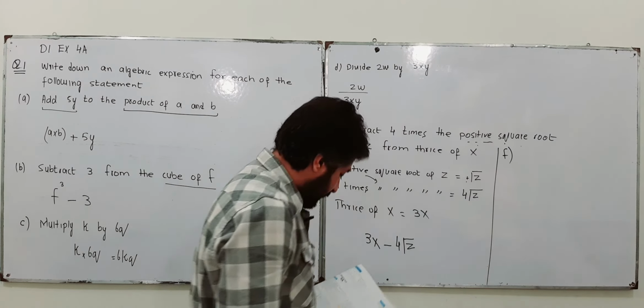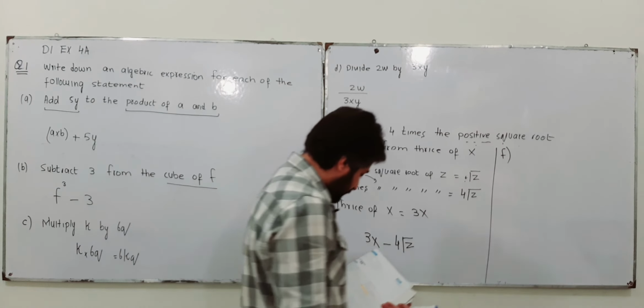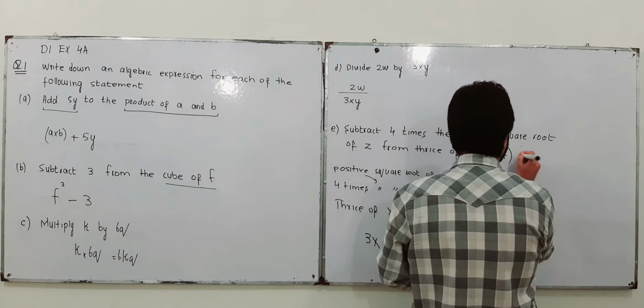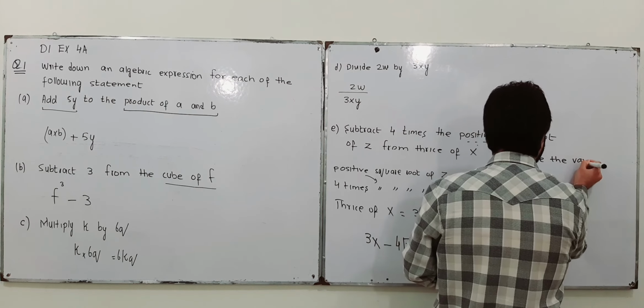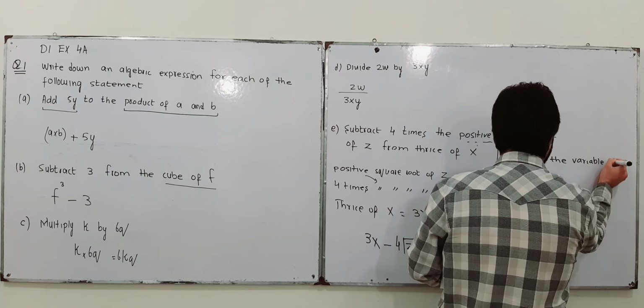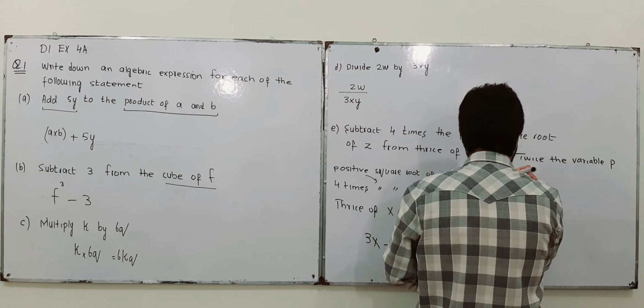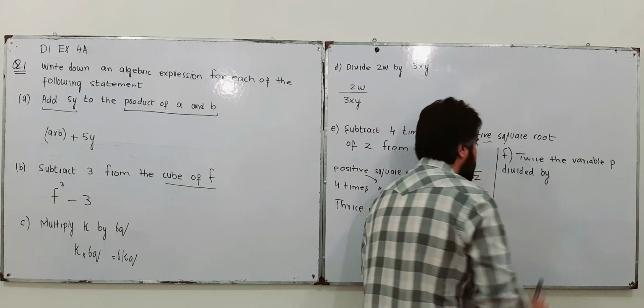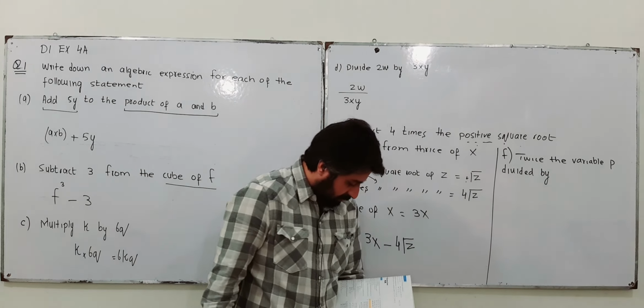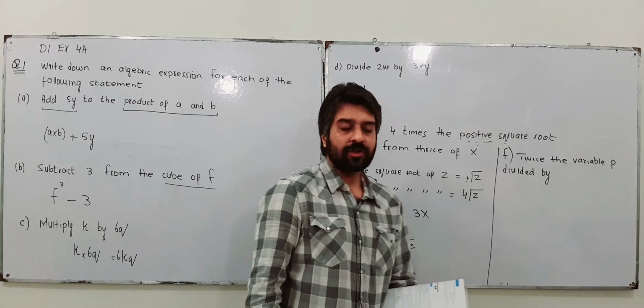Okay, let's solve part F. Part F is twice the variable p divided by the product of 5 and q.